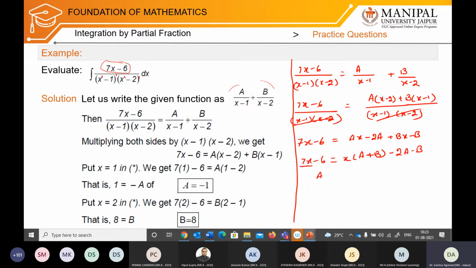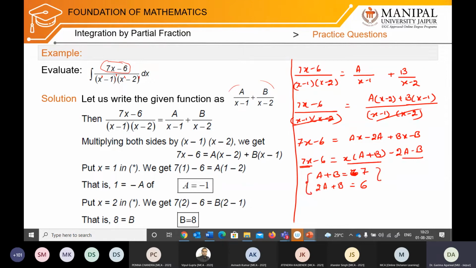That means here the coefficient of x is 7 and here the coefficient of x is a plus b. That means a plus b is 7. And here the constant is 2a plus b with negative sign, and here the constant is minus 6. So the minus sign will cancel out and we'll write it as 6 only.